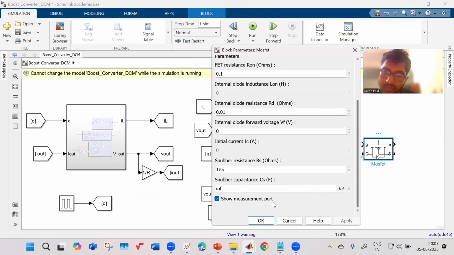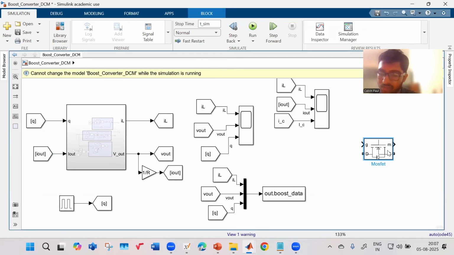And if you want to add a parallel capacitance, you can just add a small capacitor in parallel to your drain source. That approach also you can use. So this would be a faster approach, using these MOSFETs which are already available. You can add some parameters and run it.